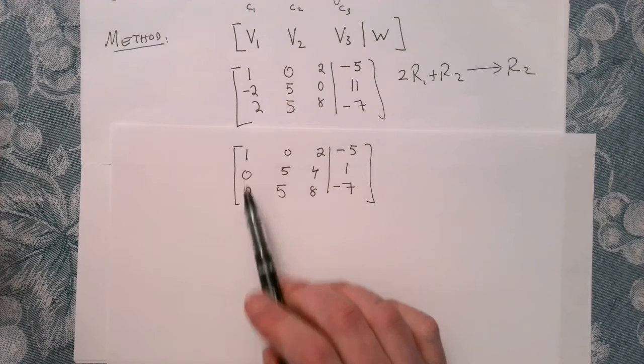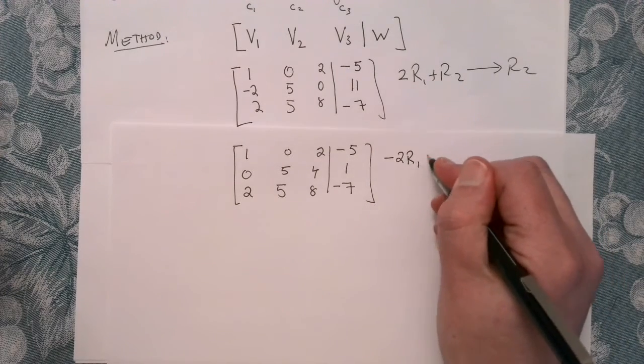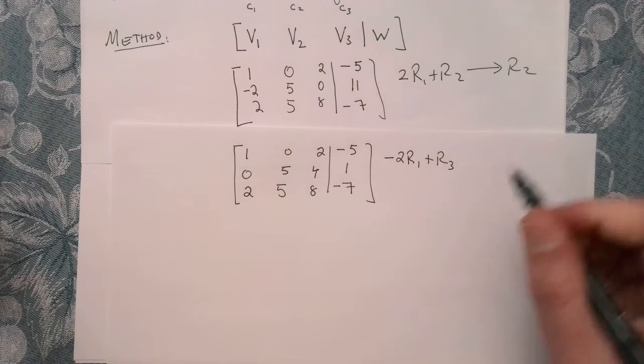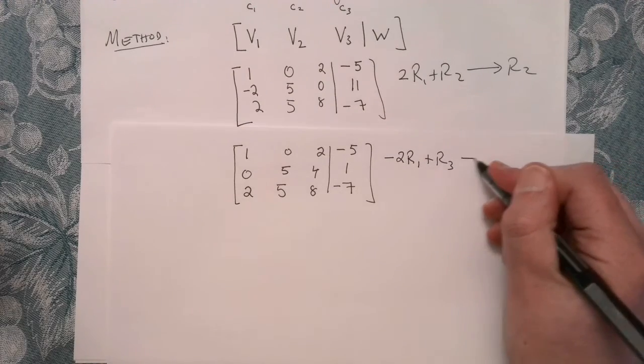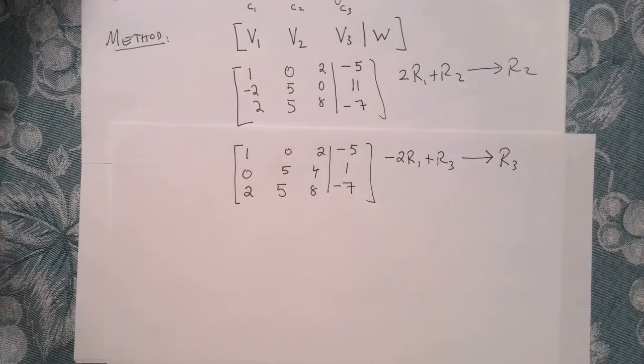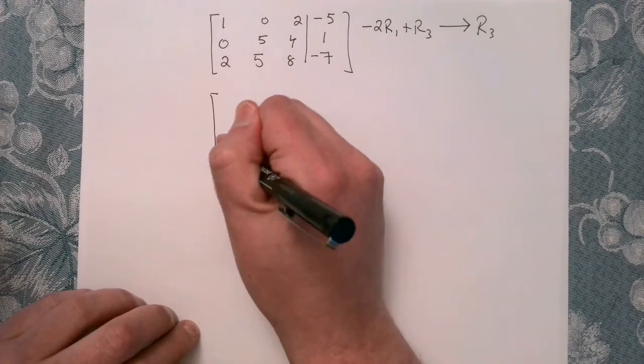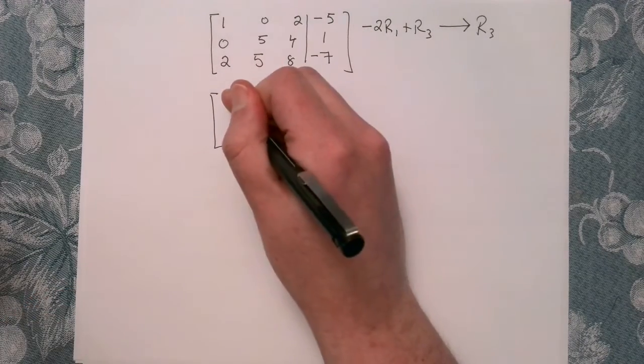Let's go ahead and use that leading 1 to get a 0 right here. So we'll do negative 2 times row 1 plus row 3. That sum will replace row 3. Okay, so row 1 and row 2 are staying the same.